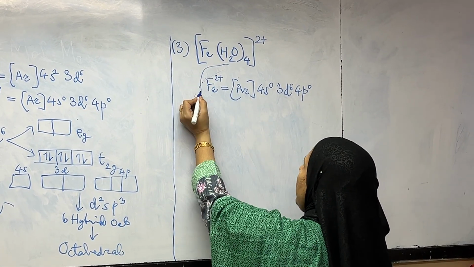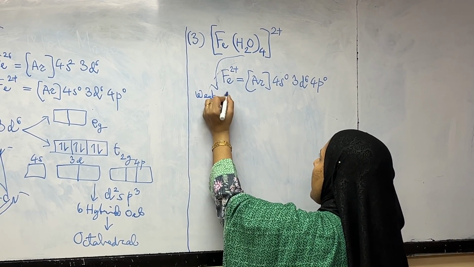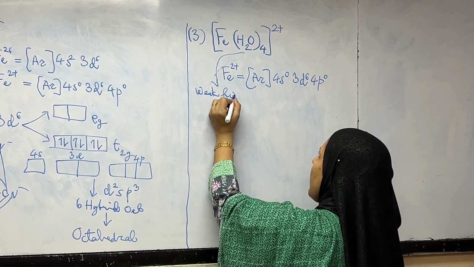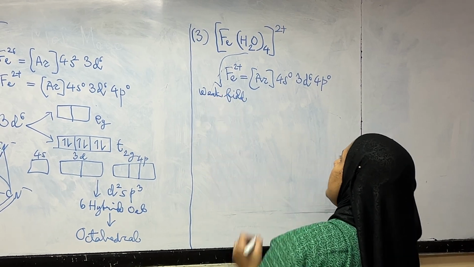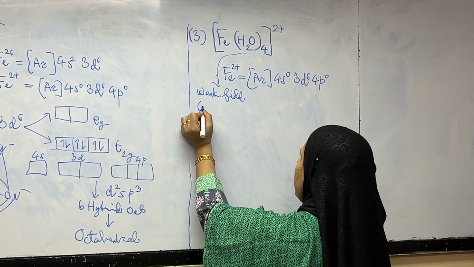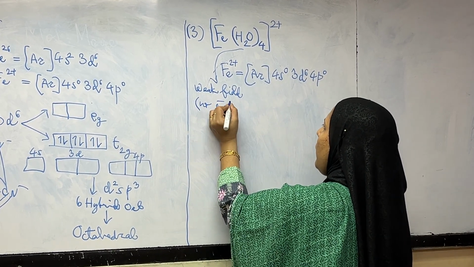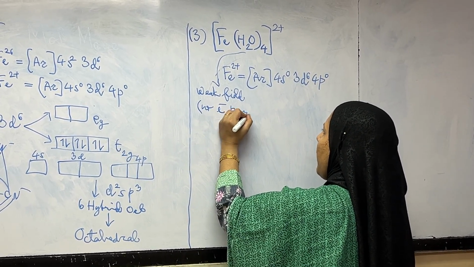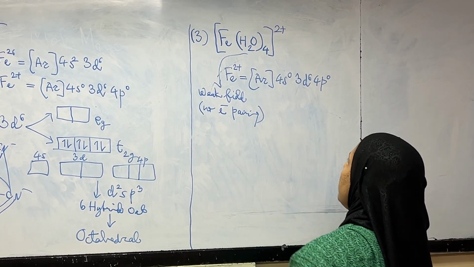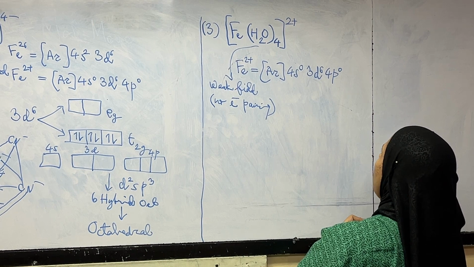Okay. Now here, water is a weak field ligand. Which means it does cause crystal field splitting, but no electron pairing. There's a small difference between T2g and Eg orbitals and no electron pairing. So if there's no electron pairing, then the d orbitals are all occupied.